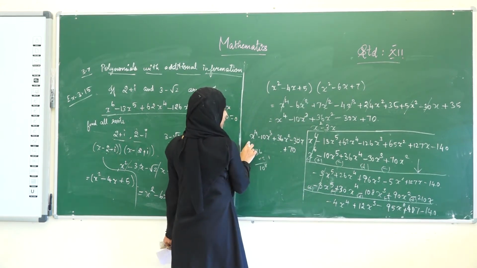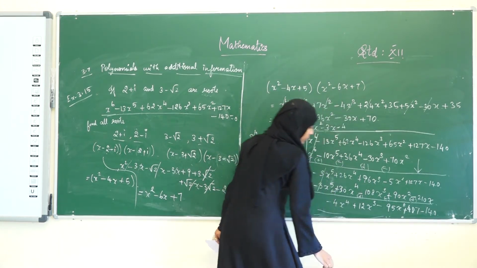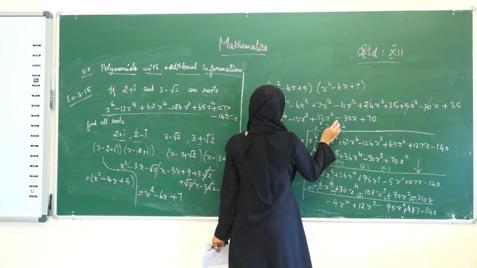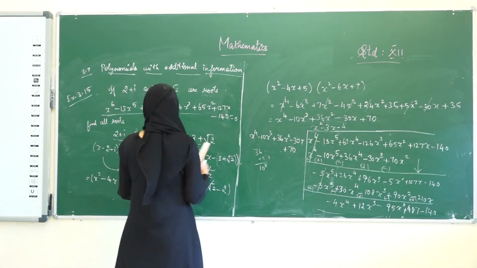On multiplying this with minus 4, we get some term and the remaining term we get. So this is the term we want.